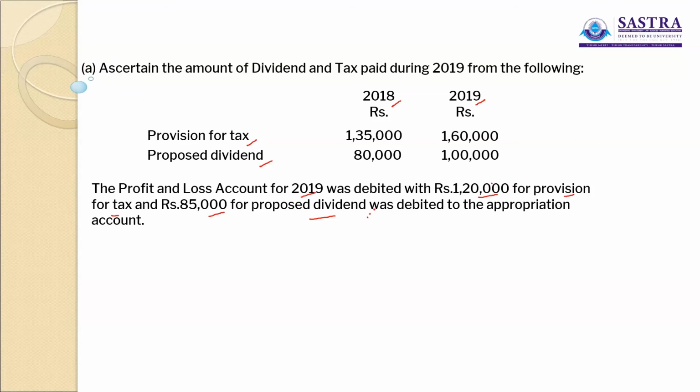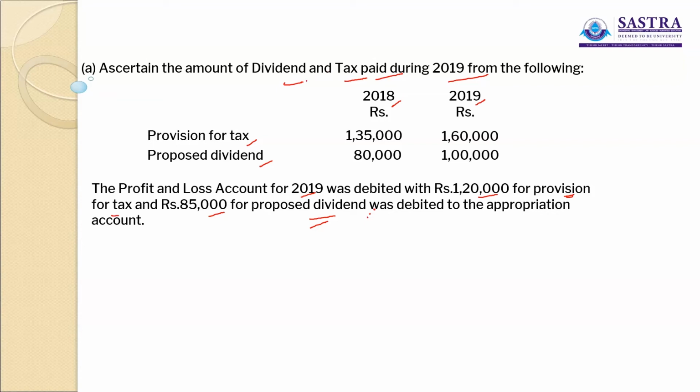And the question is, you are asked to ascertain the amount of dividend and the tax paid during the year 2019. So using the provision and the proposed dividend, you are asked to find out the amount of dividend and tax paid.